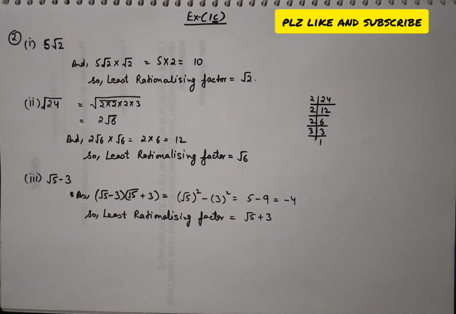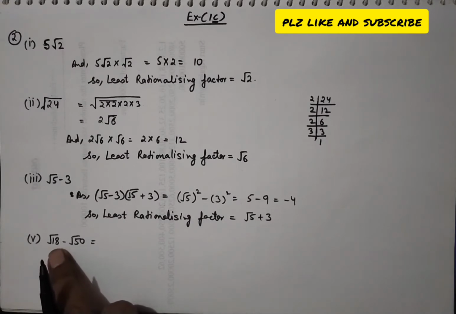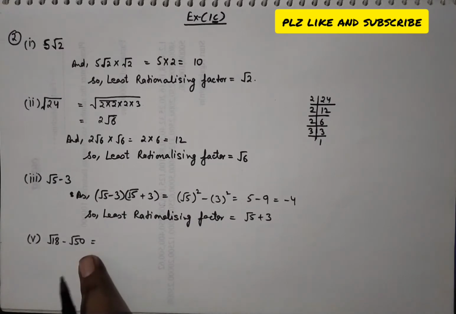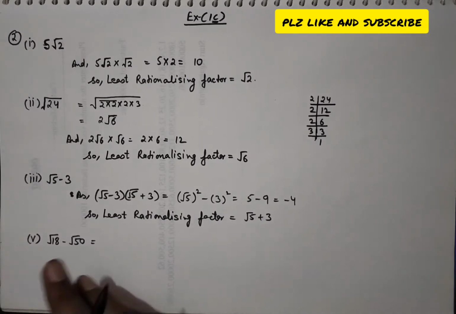Now let's see the fifth part of this one. Here we have root 18 minus root 50. Now we can see that neither 18 is a prime number nor 50, so they can be broken down, and 18 can be broken as 2 into 3 into 3.